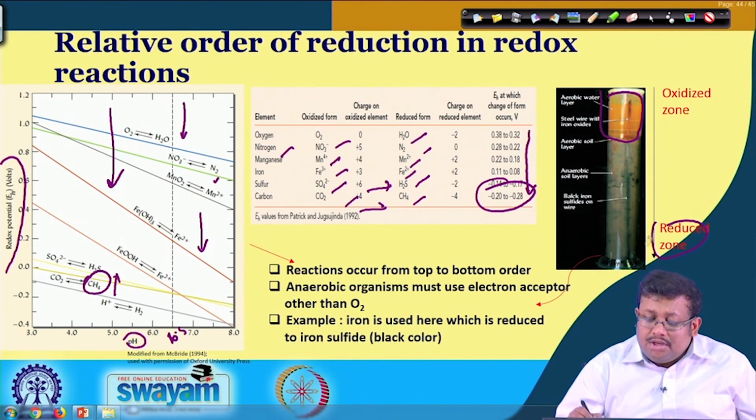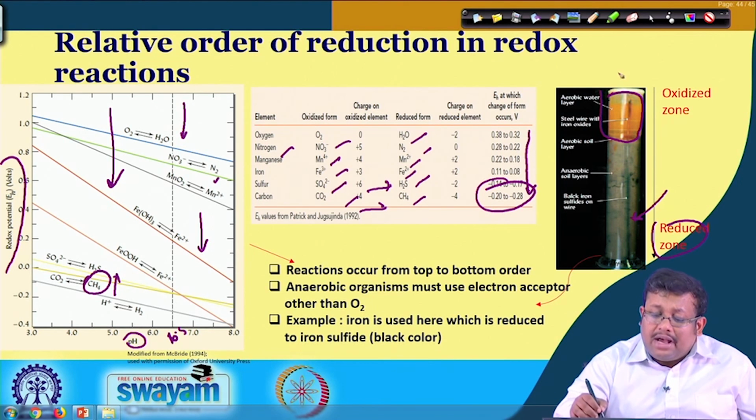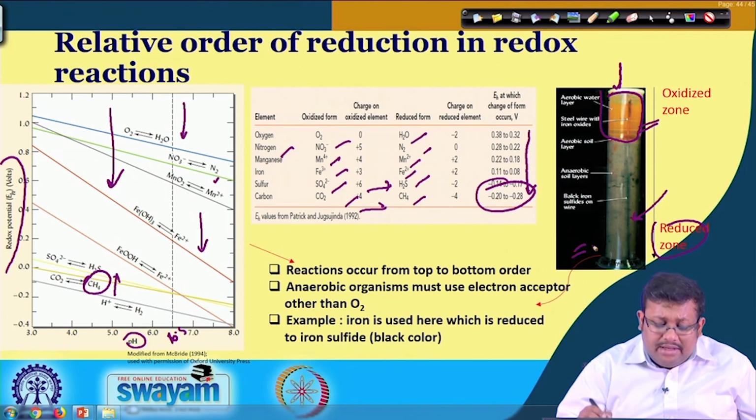In the Winogradsky column we generally insert mud mixed with different organic matter and then put in some water, and an iron wire can be inserted to show the different changes due to oxidation and reduction. As you can see, an oxidized zone can form at the top, however at the bottom there will be a reduced zone.